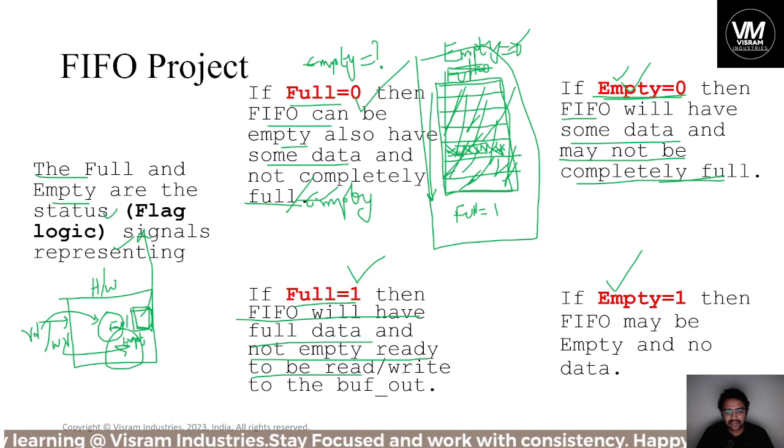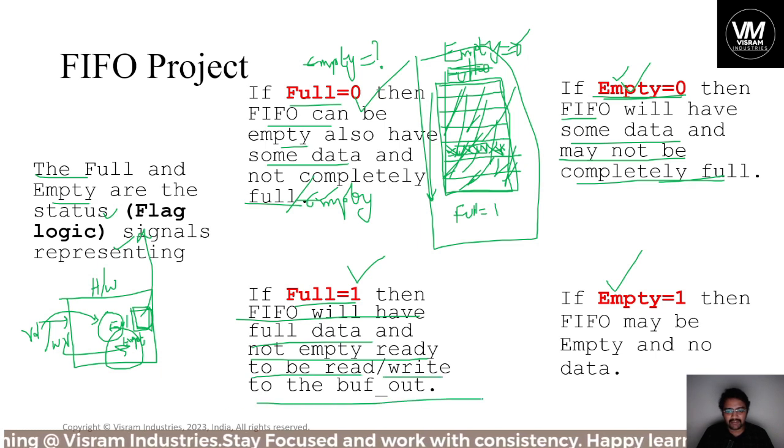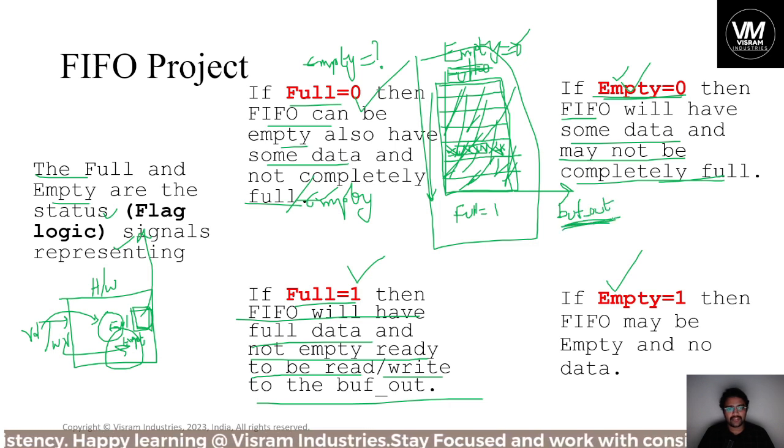Ready to be read to the buff out. So what it says is, if full is there, I mean every register is full, you can read from it. You can read to the buff out from the registers.